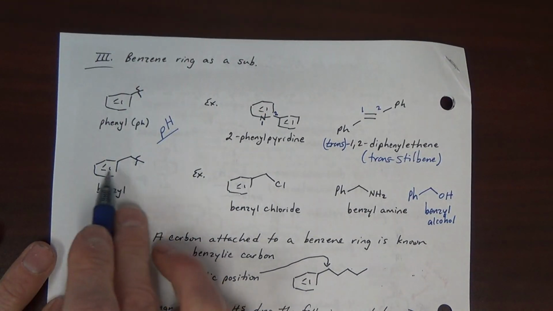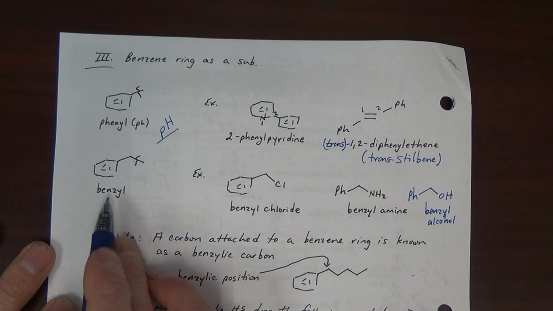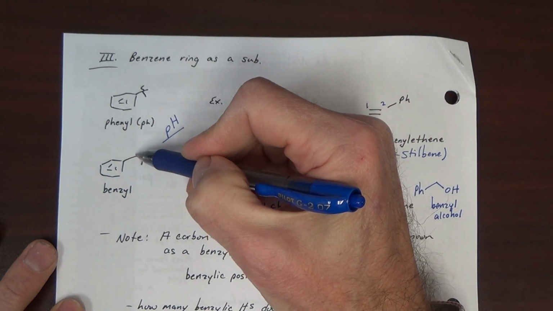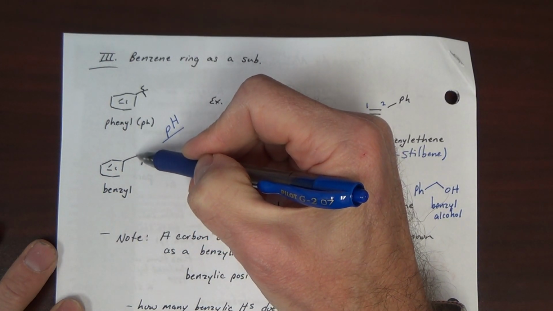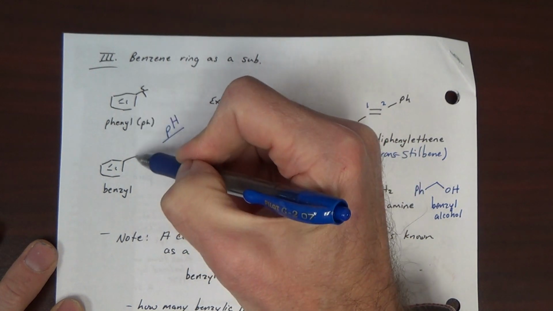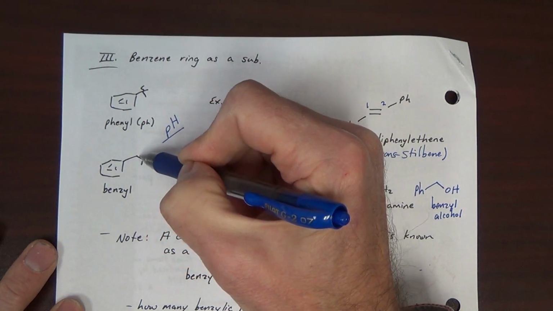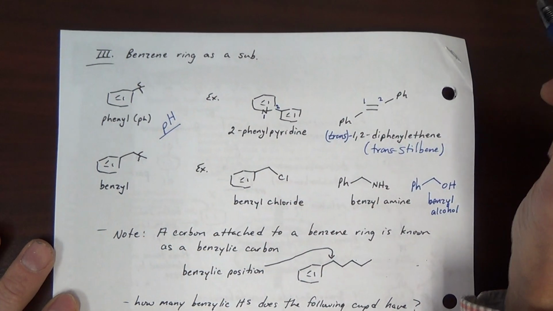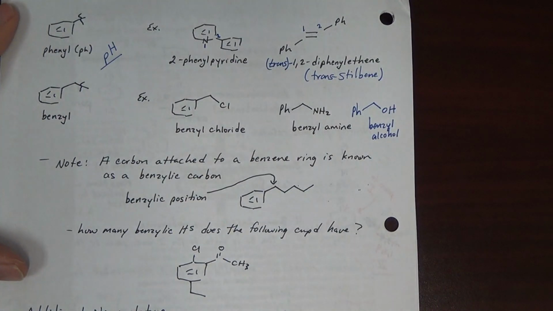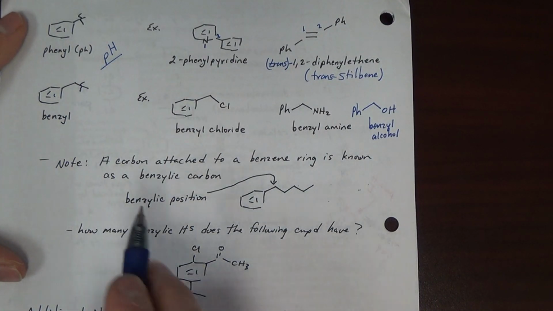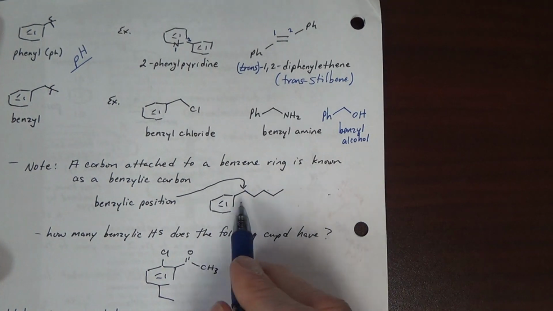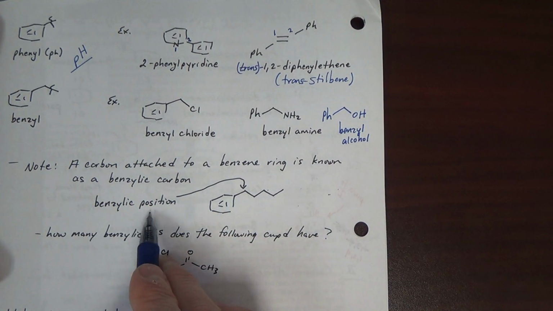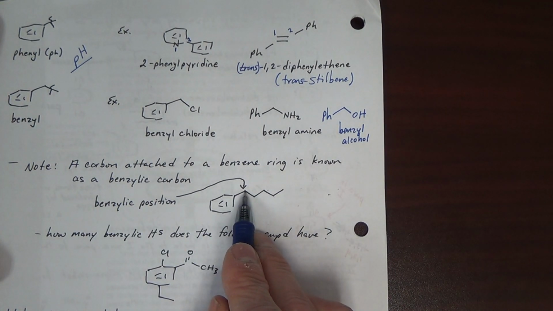We mentioned benzyl in Organic 1 because that carbon there, it's a great place to form carbocations and radicals, etc., because they'll be resonance stabilized through conjugation with the benzene ring. Here, that carbon is called the benzylic position, or the benzylic carbon.